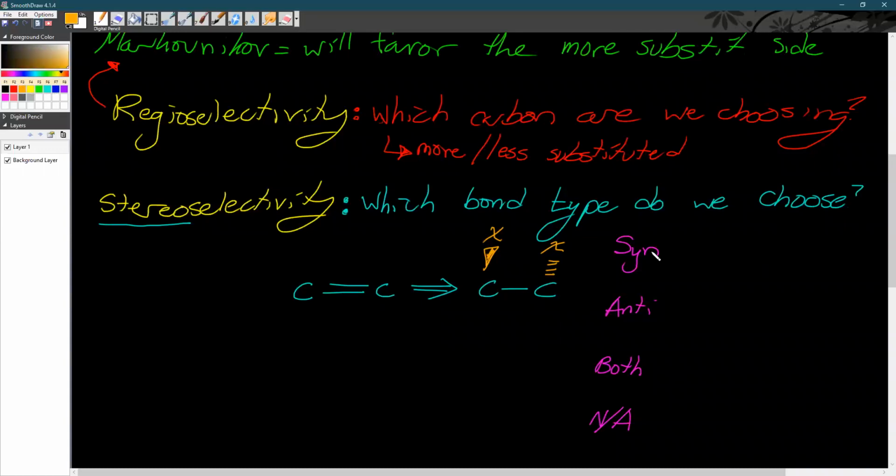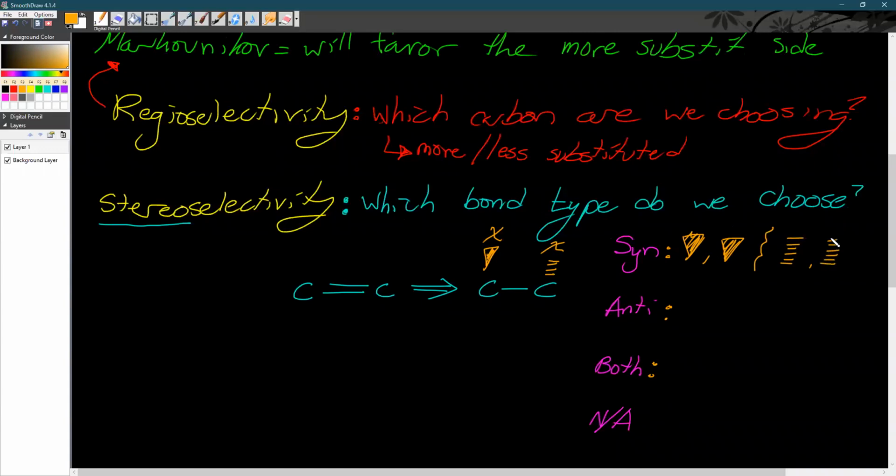Basically, all you need to know for syn and anti and both up to this point, we'll come back to not applicable in a second, is that syn is you're adding the two things and they're on the same side. Okay. Now you might be thinking, is this the same thing as cis? It basically is.